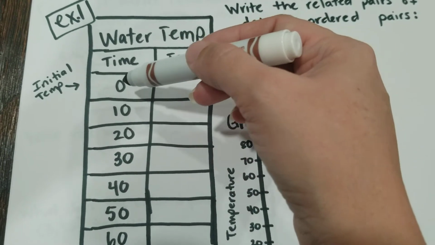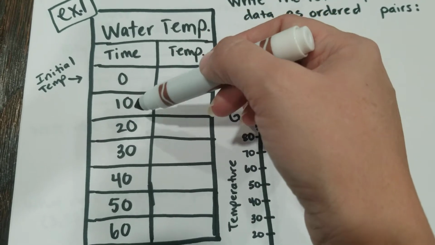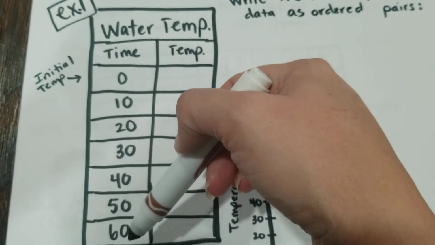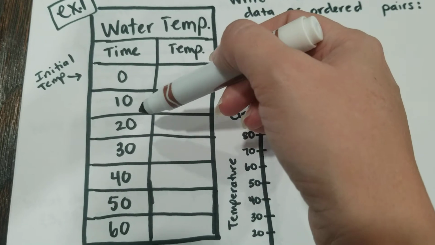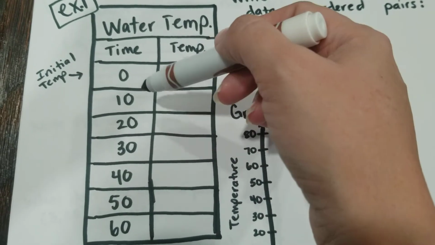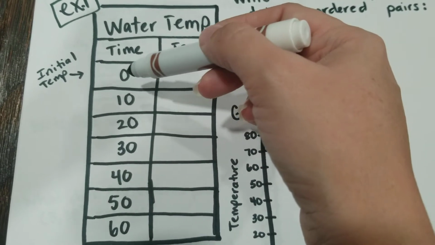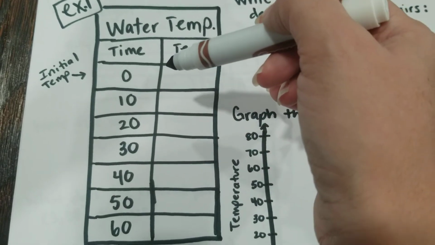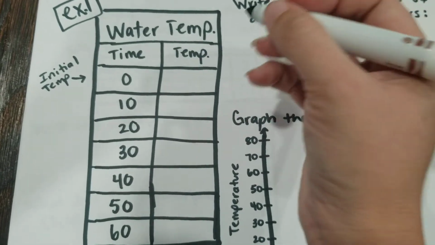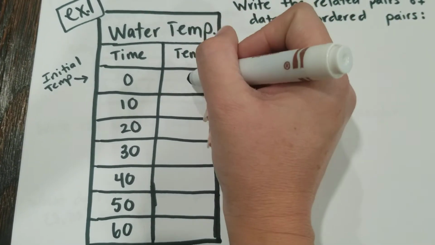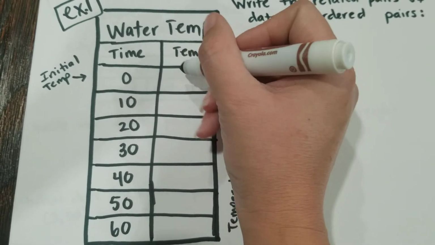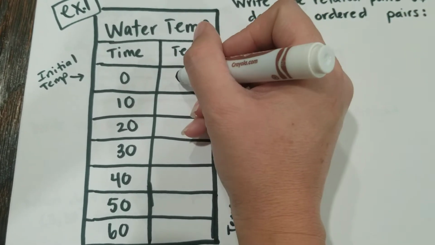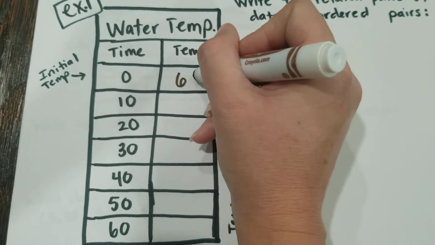So for time, it's 0. The time is how long the experiment goes. So we've got 10 seconds into the experiment, 20 seconds into the experiment, and so on. But at the very beginning, at time 0, let's say they measure the temperature of the cup of water, and it's about room temperature, let's say 68 degrees.